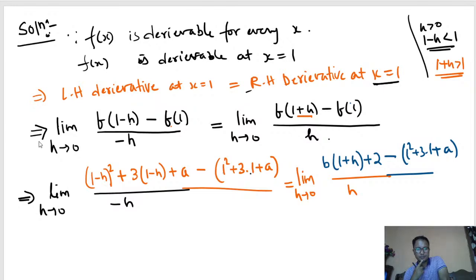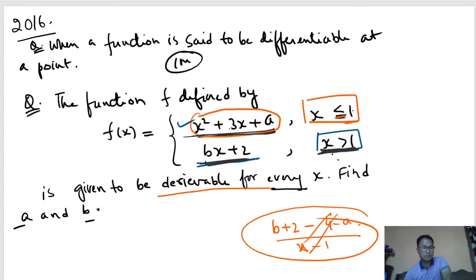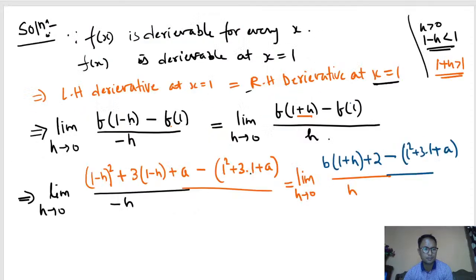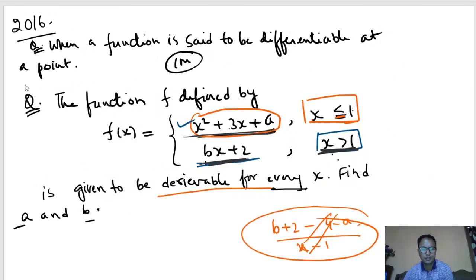The limit from 1 minus h on the left, and 1 plus h on the right, right hand limit, right hand derivative. The lower part is bx plus 2, I mean.